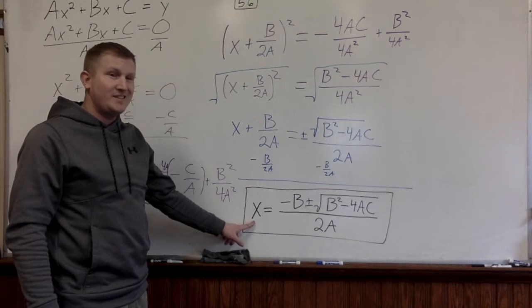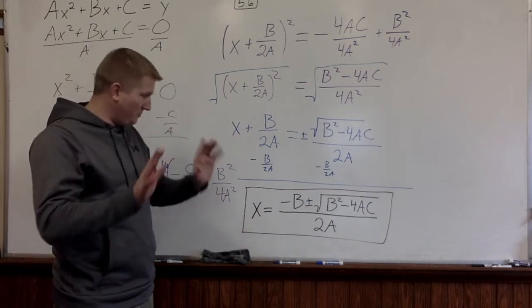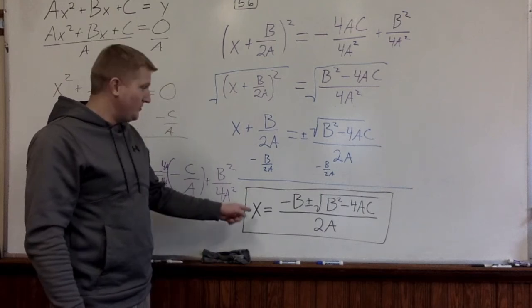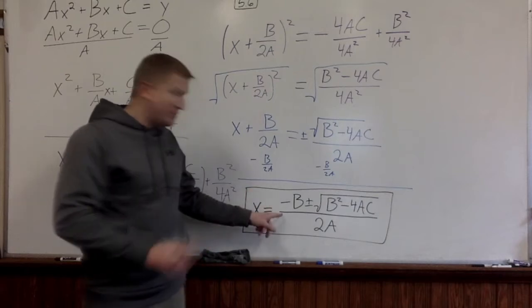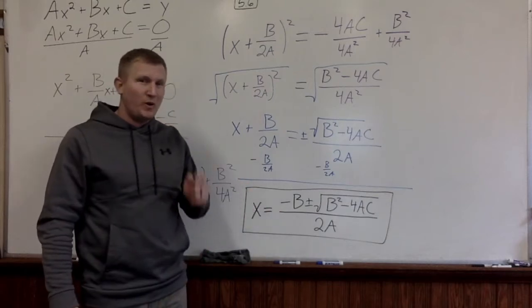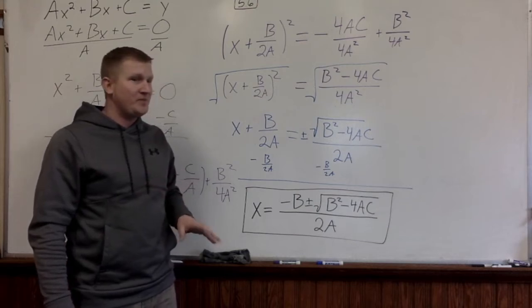Well, that's kind of nice. No more manipulation, no more fancy algebraic footwork, just this. I can take any quadratic, use this formula, and find out where it's going to hit the x-axis. That's kind of nice. Let's give it a whirl.